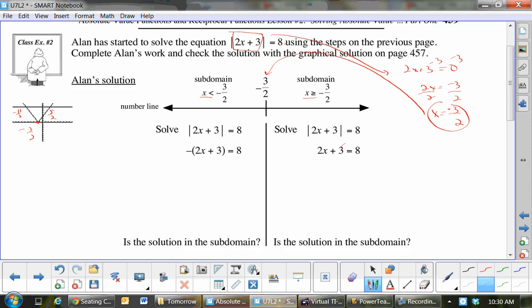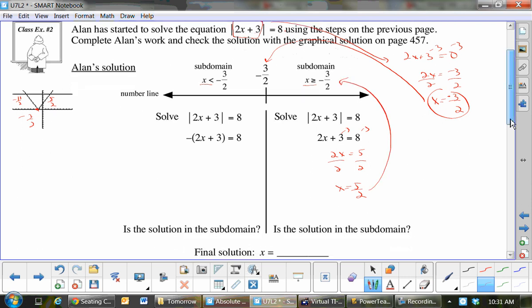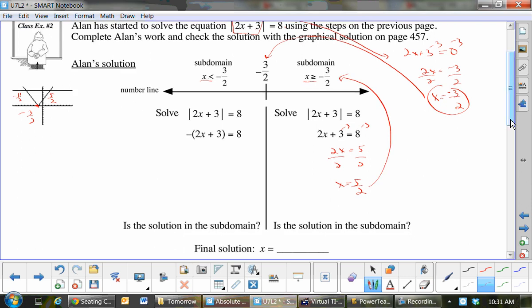Next thing I will subtract 3. 2x equals 5. Then I will divide by 2. X equals 5 over 2. Okay? Now, is 5 over 2 in the subdomain? That means, is it greater than negative 3 over 2? So the answer is yes. Therefore, it is one of the solutions, 5 over 2.